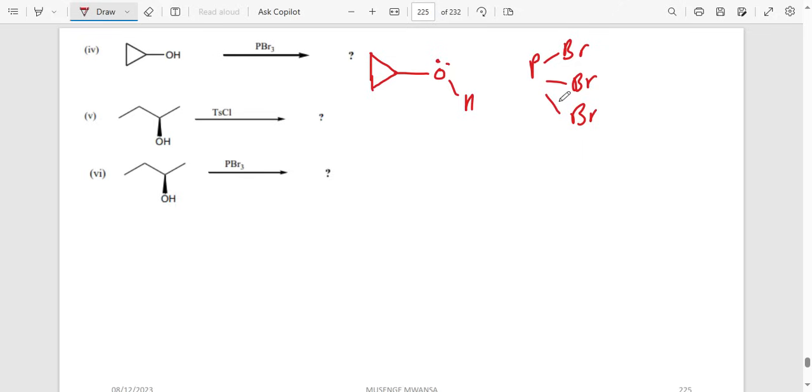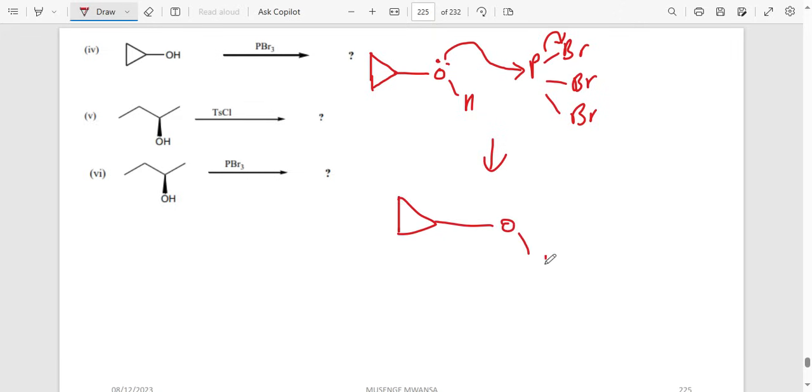Okay, so what is going to happen is that the oxygen will be able to attack here. When the oxygen attacks, one Br will be able to leave.